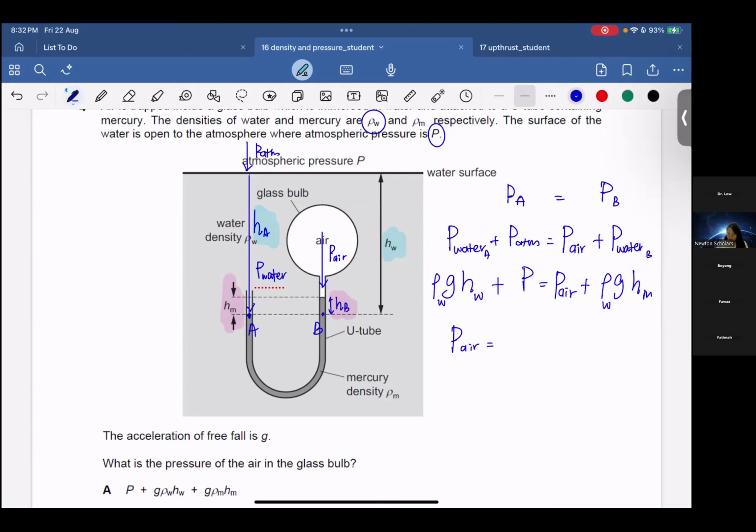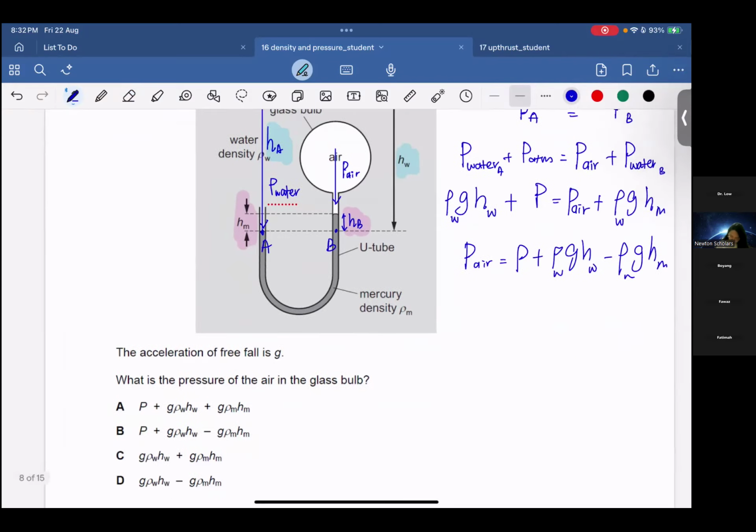So if you rearrange it, you should get P plus rho g h minus rho g h M. The answer should be B, Dale.